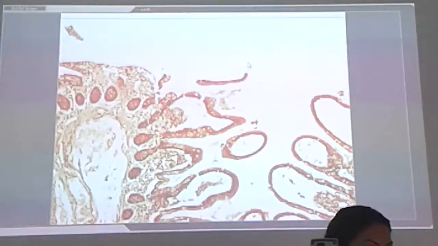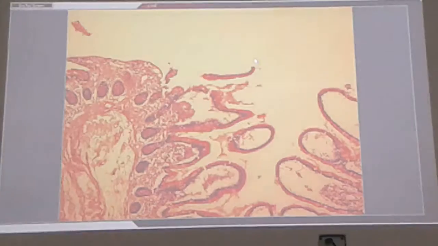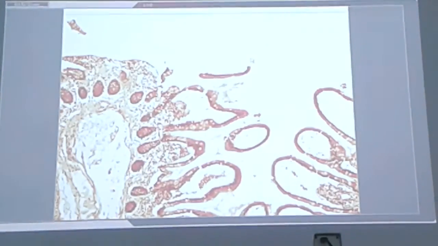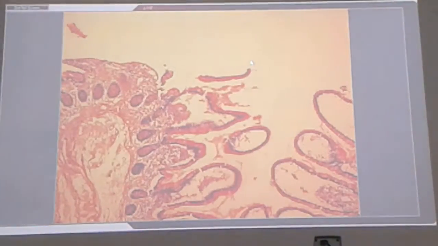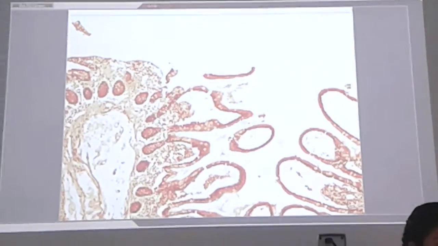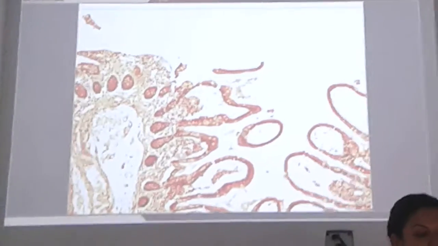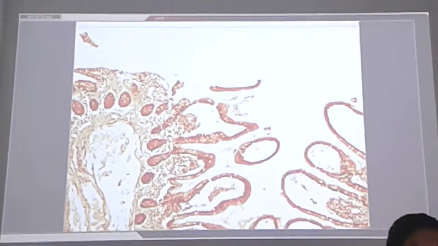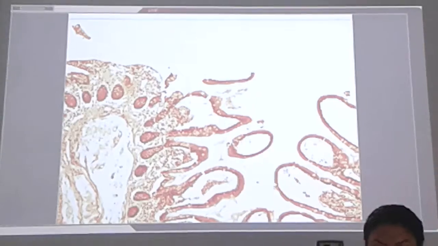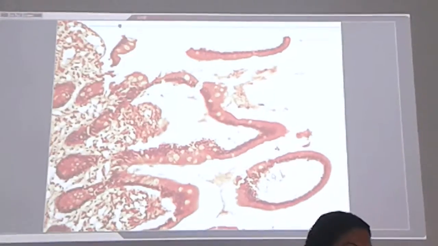All right. Unfortunately, the image is not clear, but we can study in your individual microscopes as well. So this was a villus, this is another villus. When you look at it, the villus is lined by columnar epithelium.